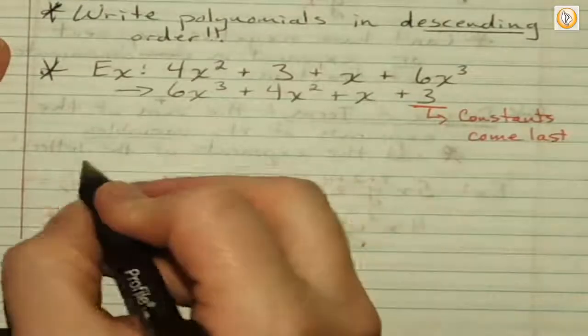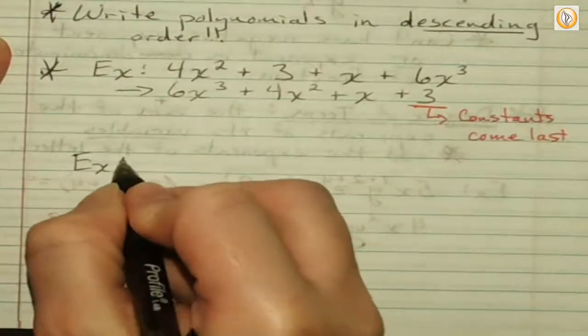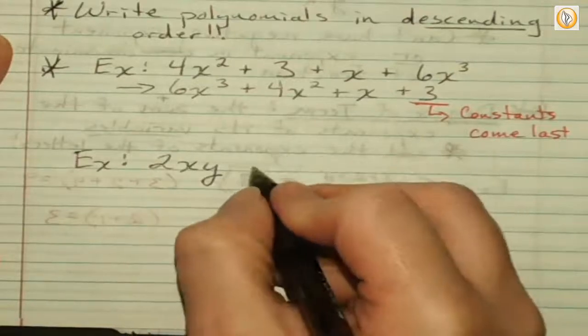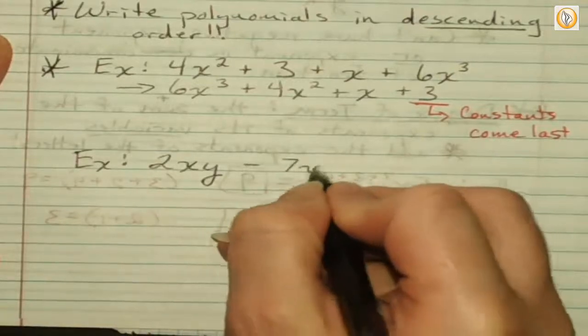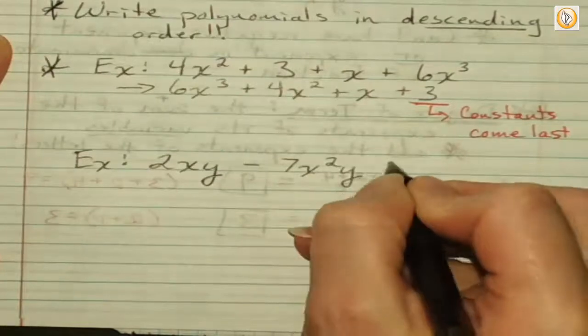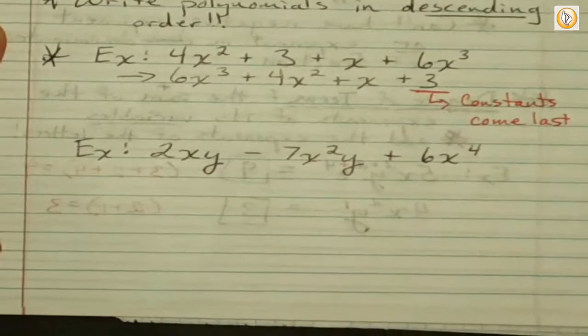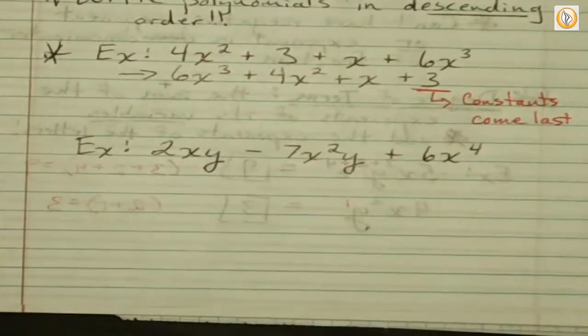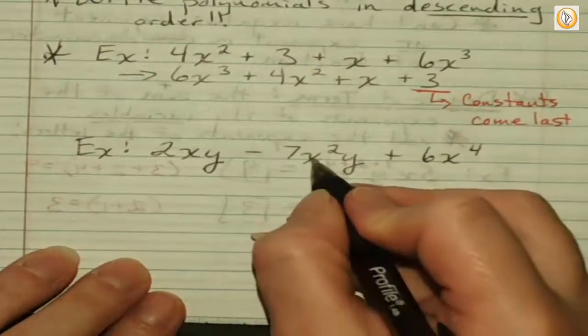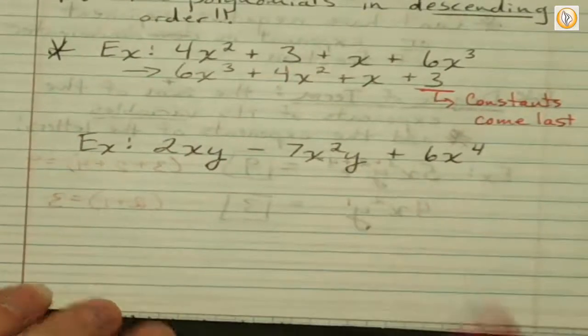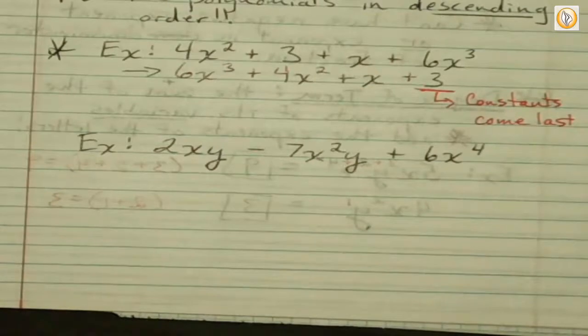Here's another example that kind of explains the question. What if I had 2xy minus 7x squared y plus 6x to the 4th power? Okay, so here we have different letters. You still write it in descending order, but you do it alphabetically.